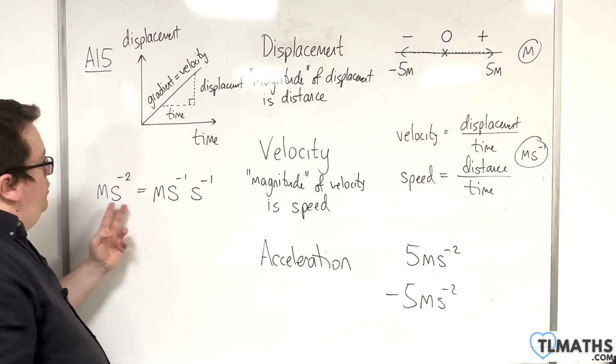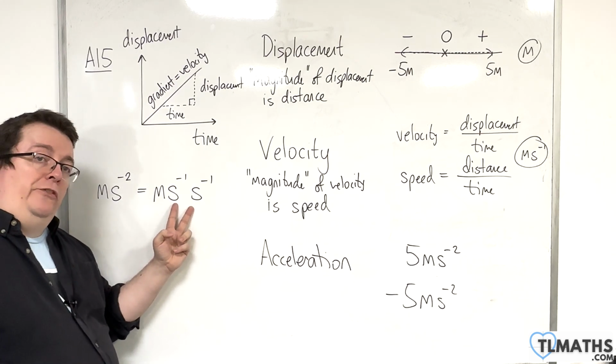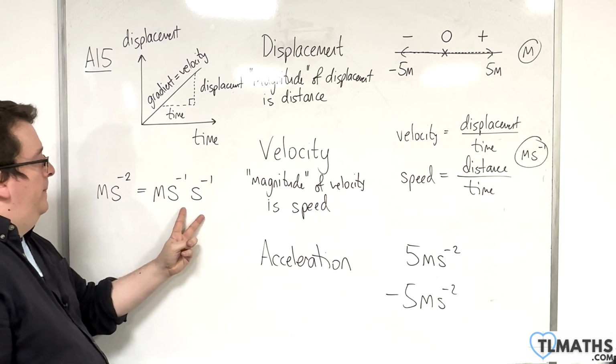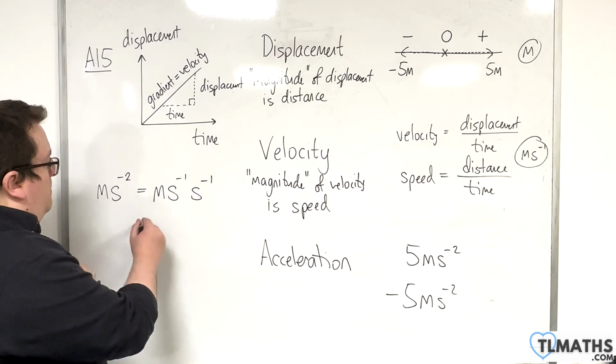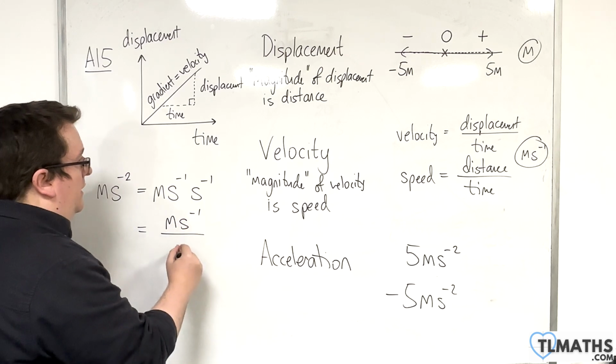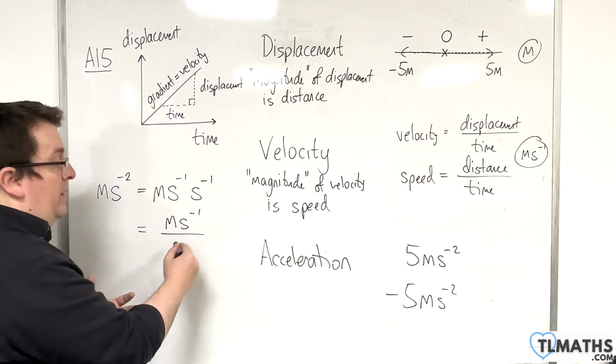So when you are working with your indices, if you multiply s to the minus 1 by s to the minus 1, you get s to the minus 2. So these two things are the same. So meters per second squared is the same as dividing meters per second by seconds.